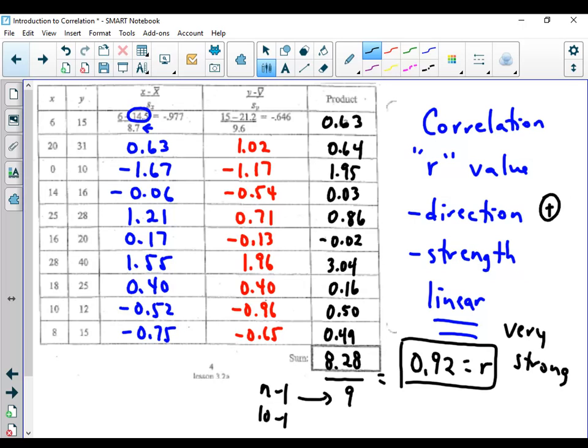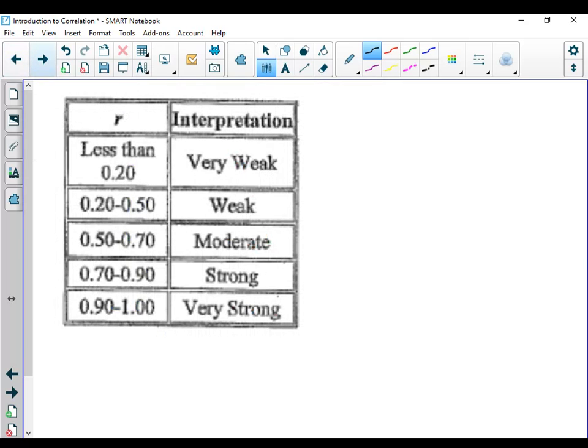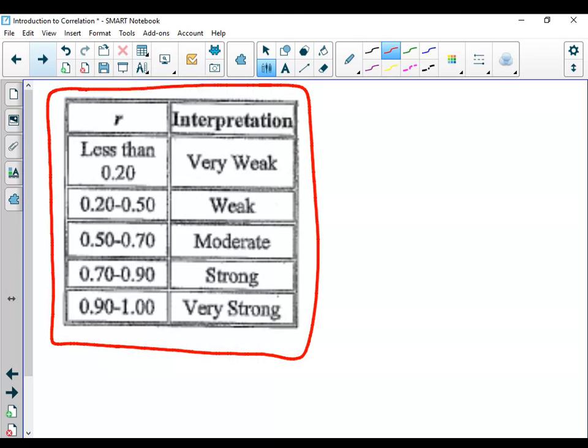So from here on out, when I ask you the question of strength, you're going to base your answer on the R value. And you're going to use this table in order to put it into a category. So that means this table needs to be someplace safe, someplace accessible in your notes.